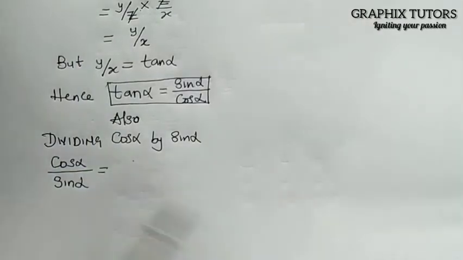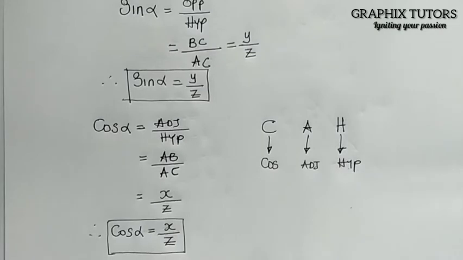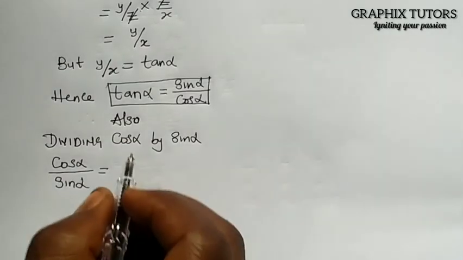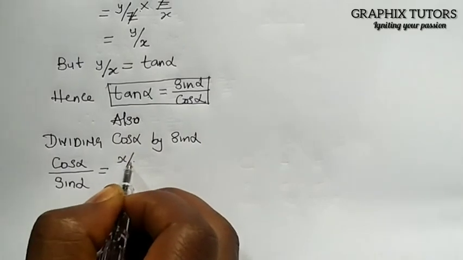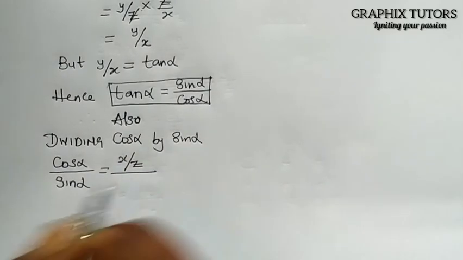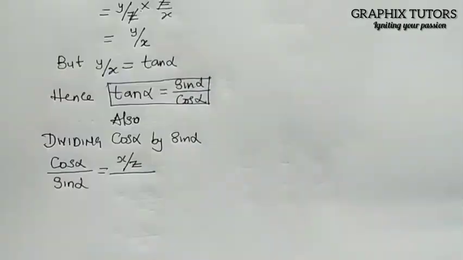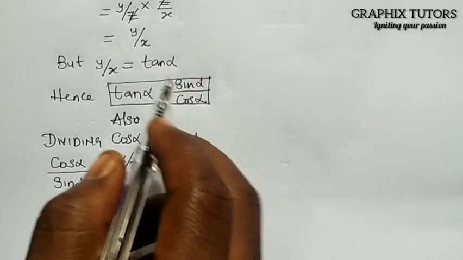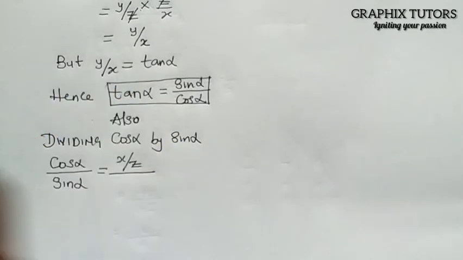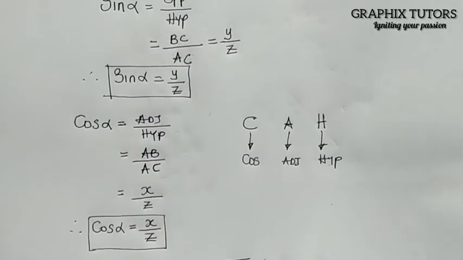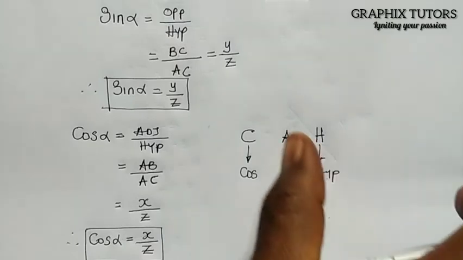Cos alpha, like I showed you earlier, is giving us x over z, divided by the sine alpha, which is giving us y over z.